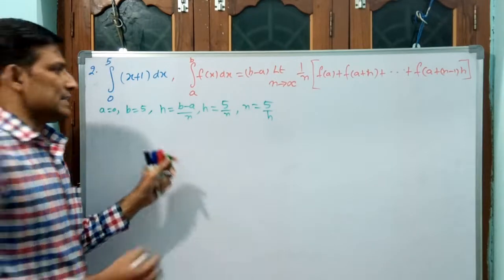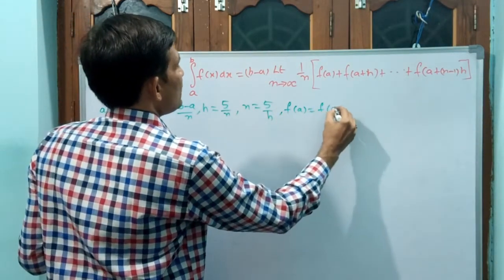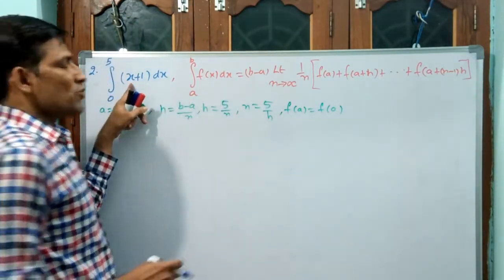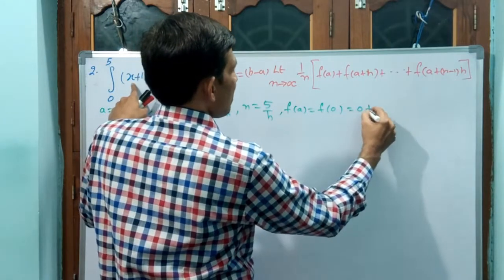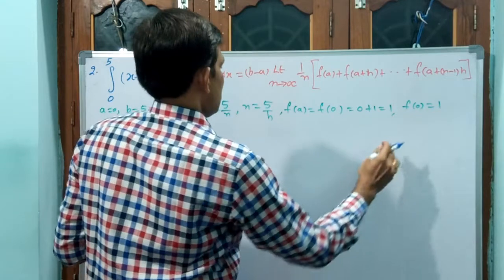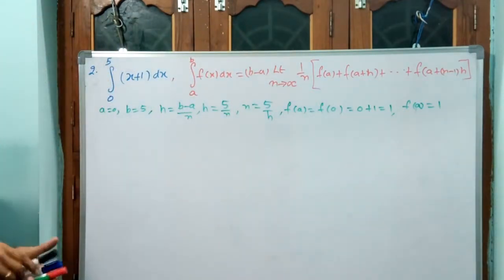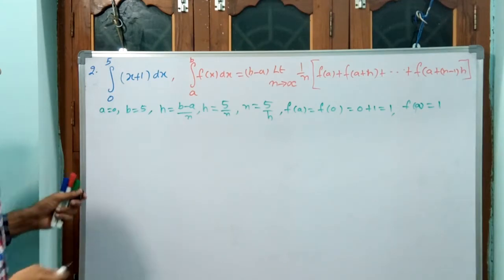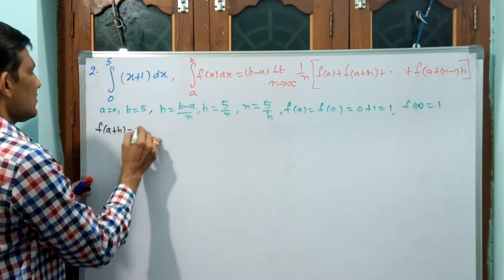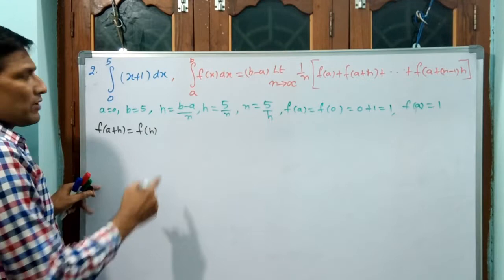Now you require f of a plus h, f of a plus 2h, like that at least 2 or 3 you have to take. Let us take f of a, which is f of 0, because a is 0. F of 0 means 0 plus 1, that is equal to 1. So f of a is equal to 1. That you have to note down. Then f of a plus h is equal to f of 0 plus h, that means f of h, because a is 0.